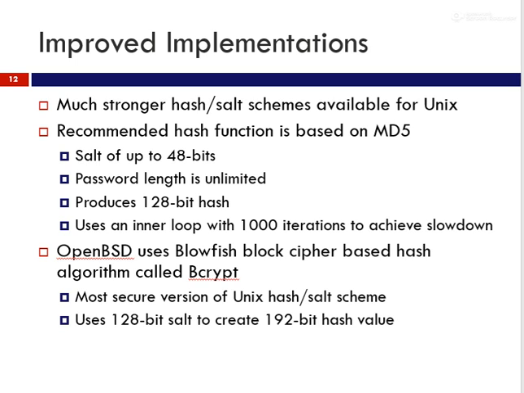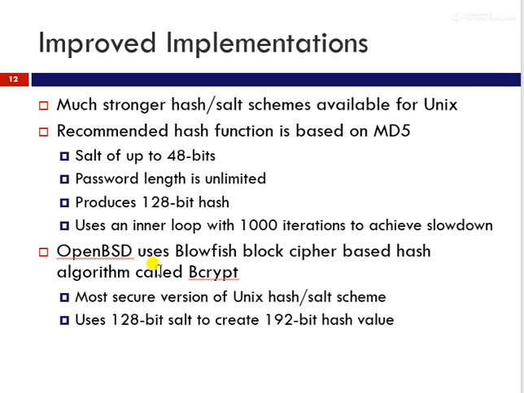Salt is up to 48 bits. Password length is not limited to 8 characters, it is unlimited, and it produces a 128 bit hash code. And inside this algorithm, the inner loop runs 1000 iterations to make it slow. 1000 times we apply these functions on the provided password and salt value to make it more secure or slow it.